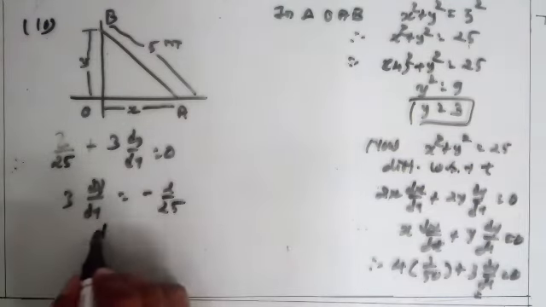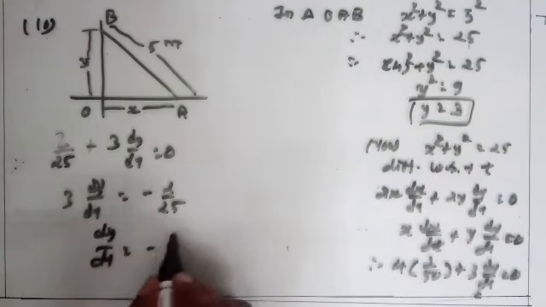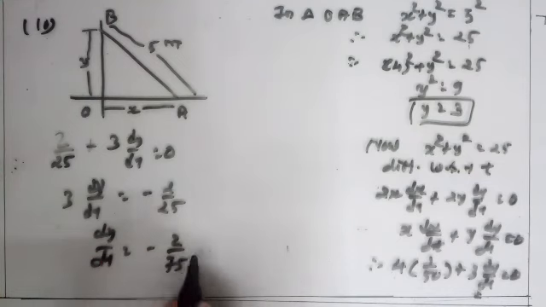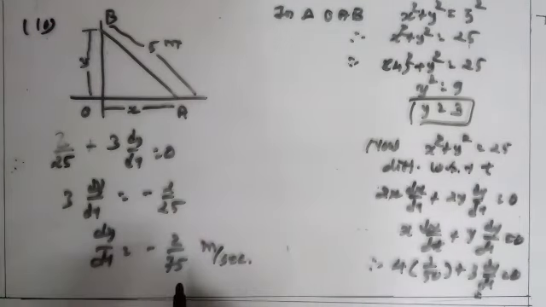Taking 3 to the other side, dy/dt is equal to minus 2 upon 75. Clear? This is in meter per second. The rate of change of height of the ladder against the wall. So this is the final answer.